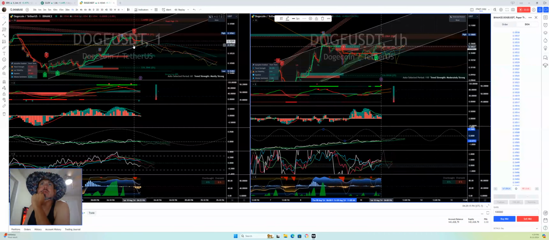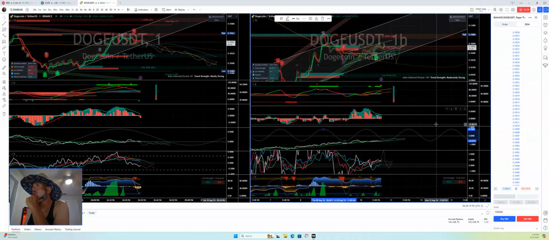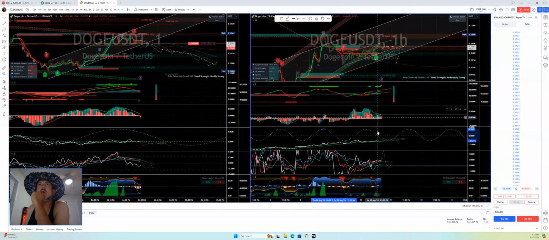Bounced off the 200-minute moving average. And it is failing this line right here. I would say let's sell. I can't really get this worked out too well.